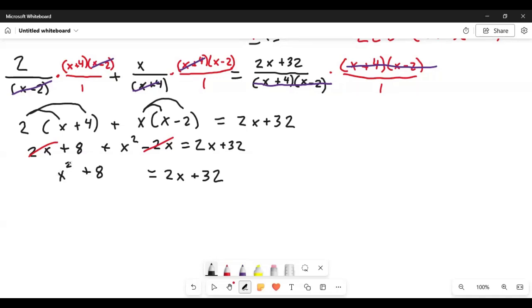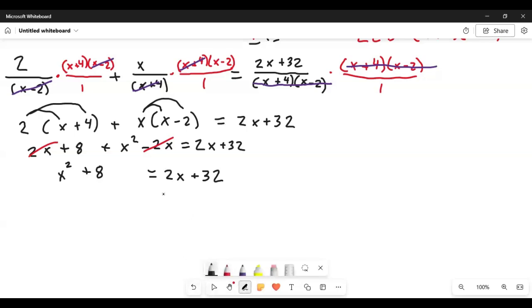Because I'm going to have to factor because I have an x squared in the problem, I want to make this equal to 0. Technically, you could subtract x squared and subtract 8 from both sides, but I would definitely not do that because now you're making your x squared negative, which makes it much harder to factor.